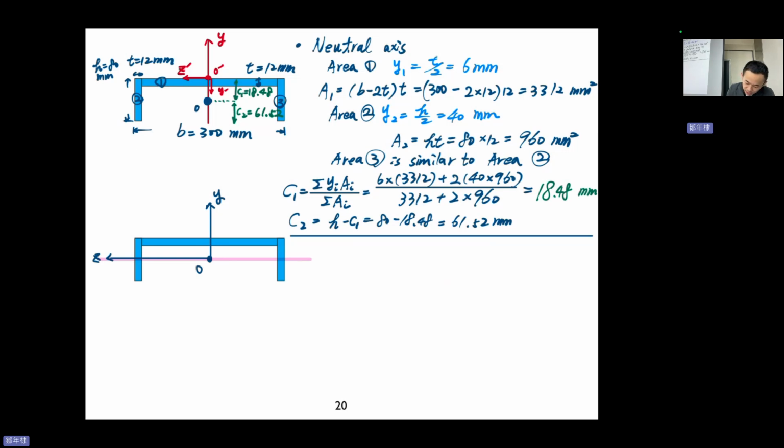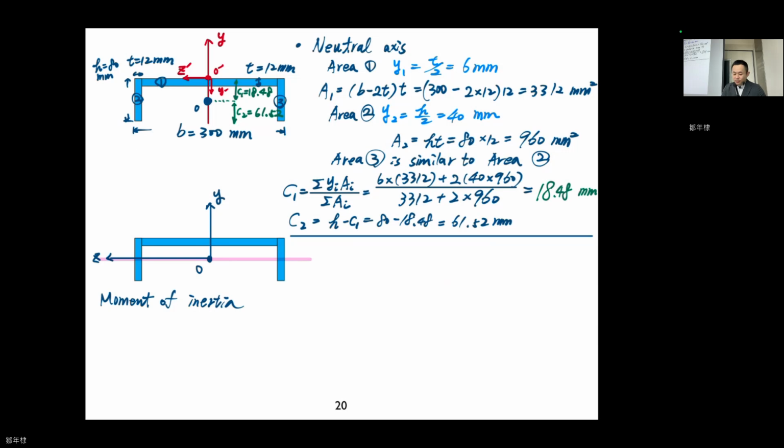Don't forget this. Our moment of inertia is actually IZ1, IZ2, IZ3 summed together, which is the total I of this cross section.